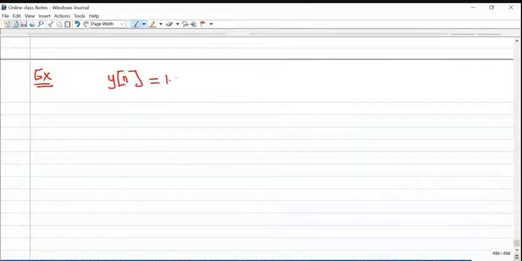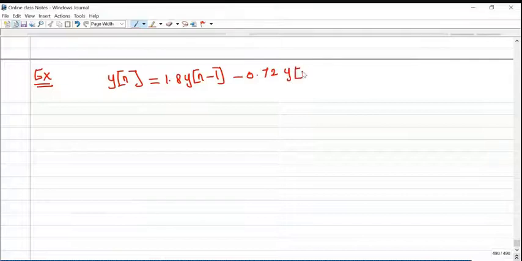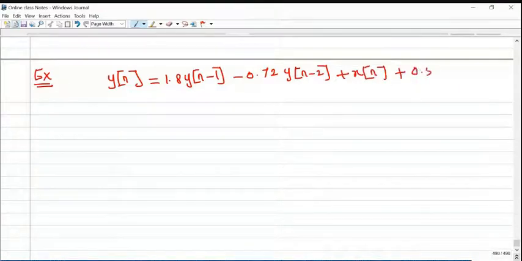y of n equal to 1.8 y of n minus 1, minus 0.72 y of n minus 2, plus x of n plus 0.5 x of n minus 1. Okay.